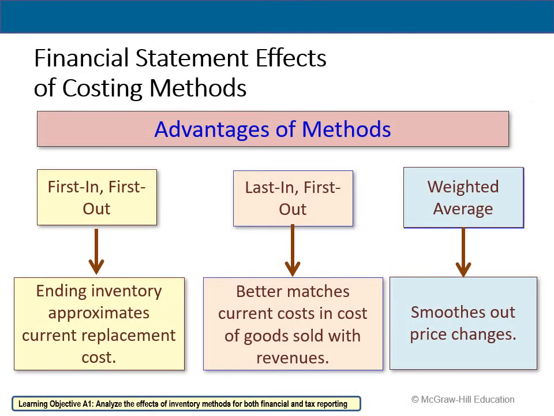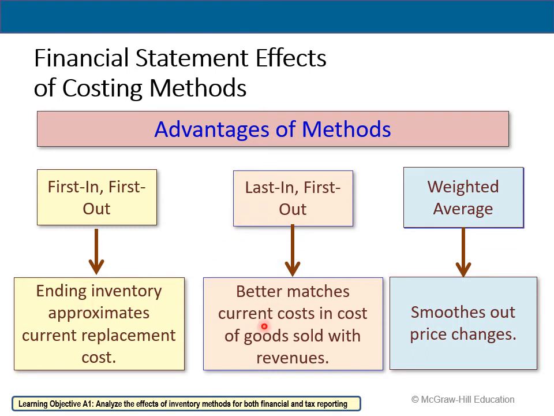So each method has its own advantages. FIFO is by far the most widely used, and it is beneficial because ending inventory, i.e. your balance sheet asset account, most closely reflects what it would cost to replace it.